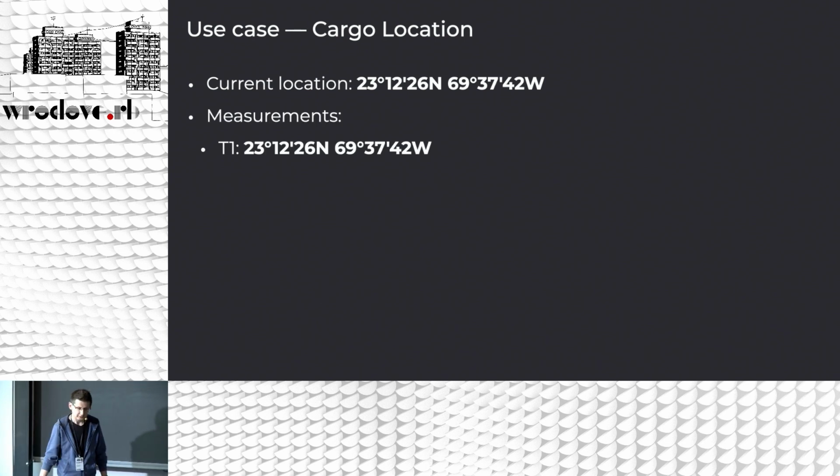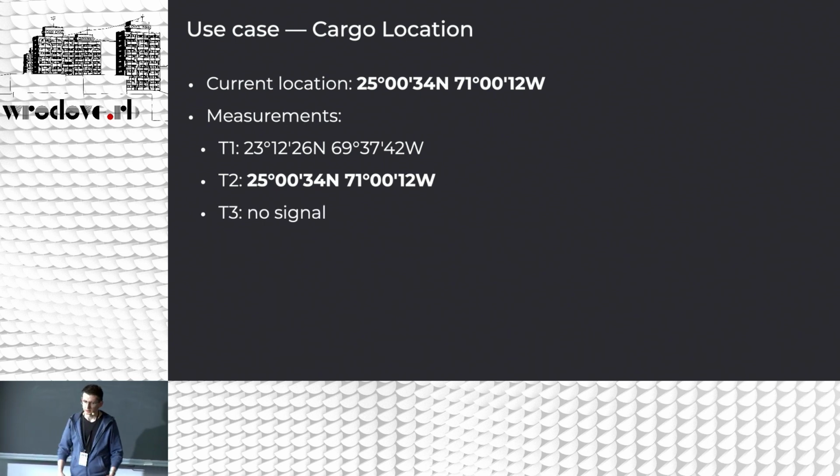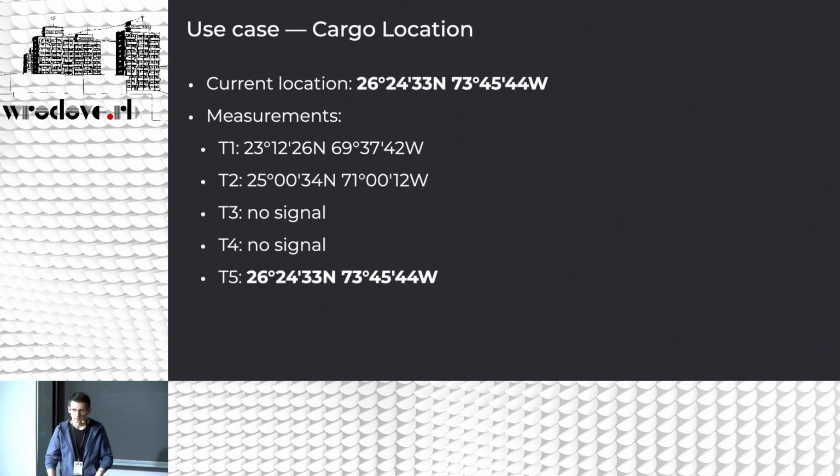So we have a first measurement, and we update the current location field. Again, obvious. Again, there was some miscommunication. There is no signal. We don't have a new measurement, but the last one seems quite all right. This happened again, but fortunately, in a few moments, we have a new location, so we just update our current location, and we live with it.